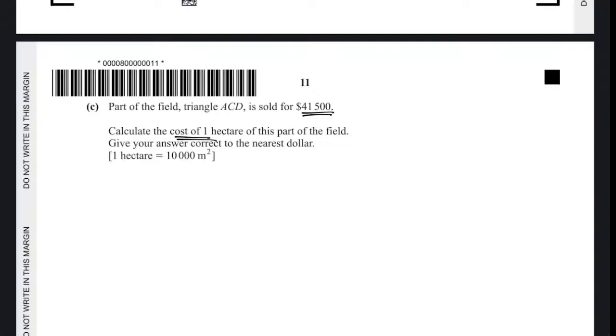Then we will now see how we can do cost per hectare. We should know how many hectares were in this, because they want cost of 1 hectare. In other words, they want cost per hectare. Well, obviously, if you want cost per hectare, we should know the total hectares.